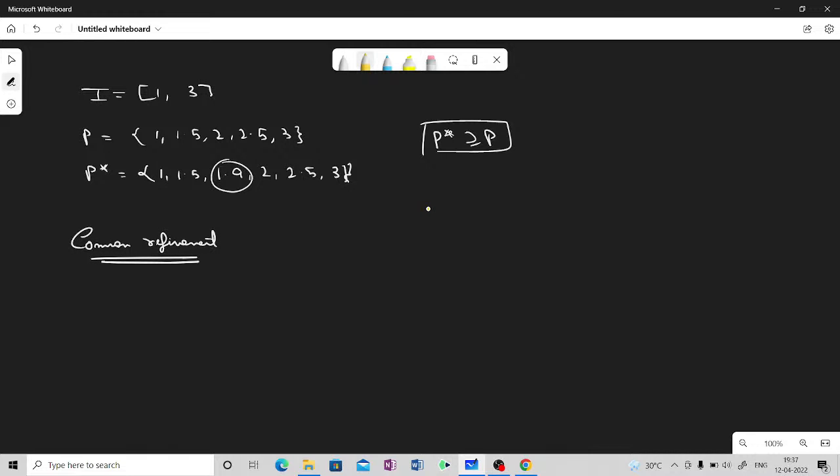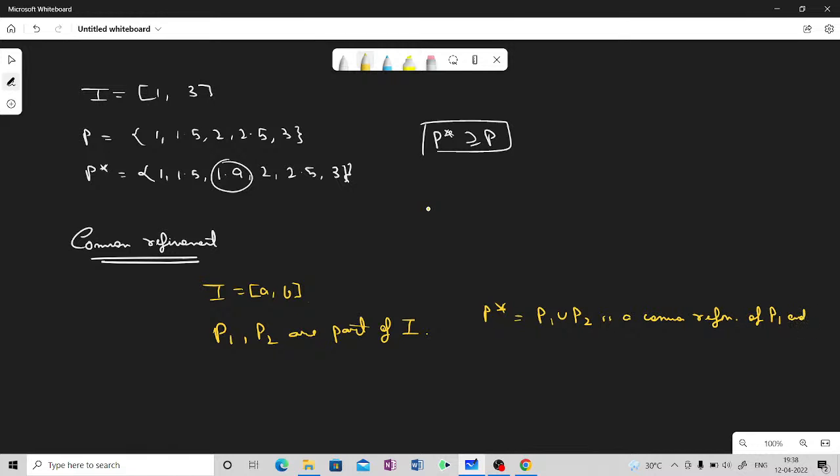Let's say you have some given interval I, and you have taken two partitions, P1 and P2, of I. Then P star, which is given as the union of P1 and P2, is a common refinement of P1 and P2, because P star will contain P1 as well, P star will contain P2 as well, and it may have more points.